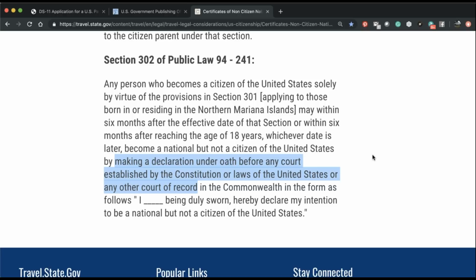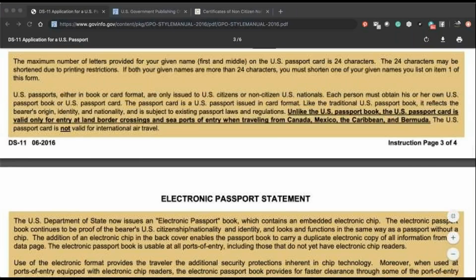You have just given them that official repudiation or renunciation of U.S. citizenship right there in the court of record. Because that's who is going to give you the oath when you sign it. A clerk of the court, like it says on page 1.